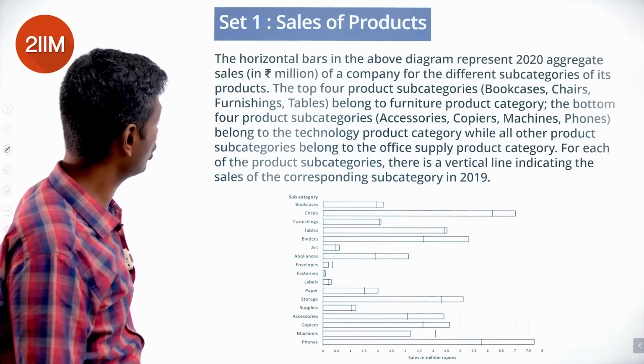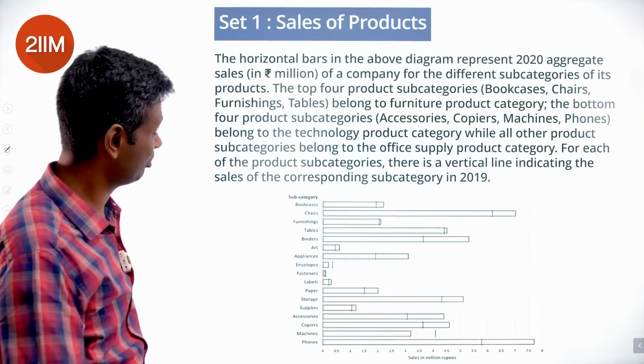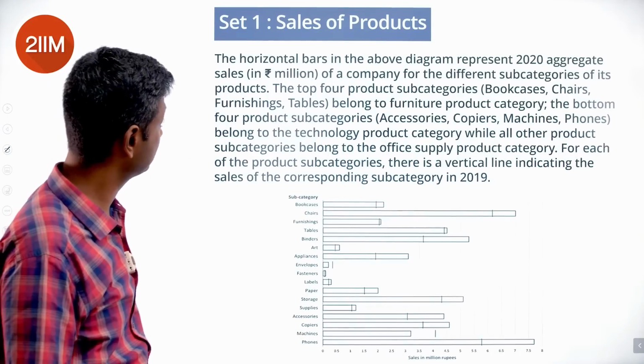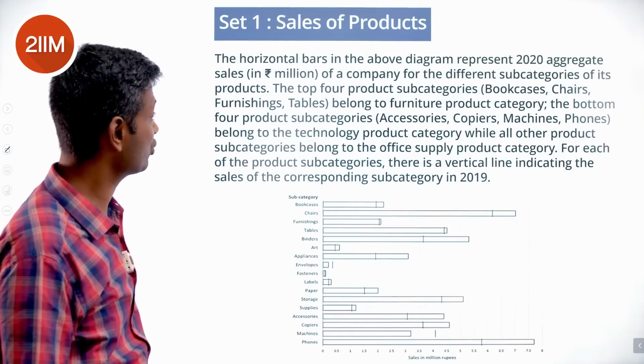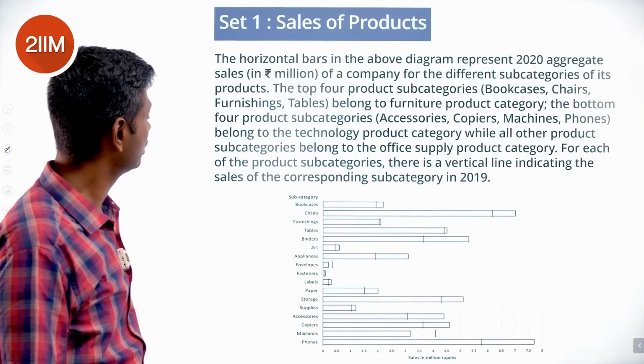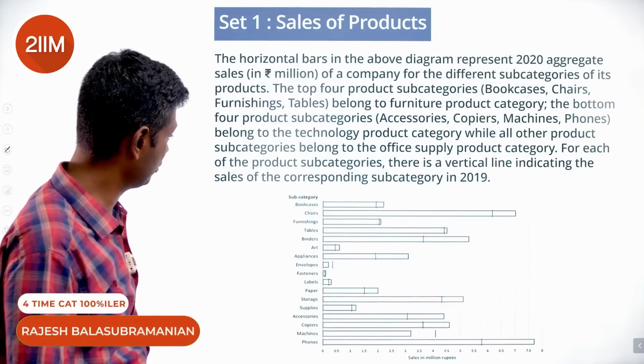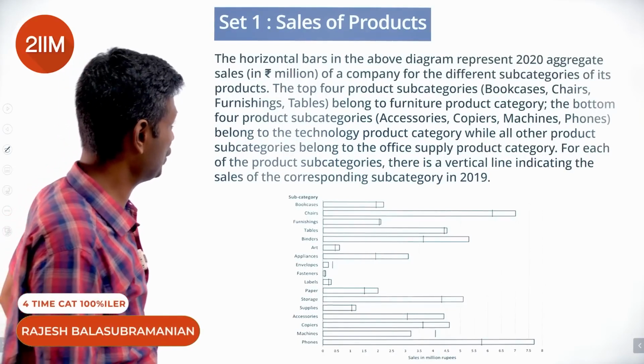Sales of products. The horizontal bars in the above diagram or the below diagram represent 2020 aggregate sales in rupees million of a company for the different subcategories of its products. The top 4 subcategories, bookcases, chairs, furnishings, and tables, belong to the furniture product category.